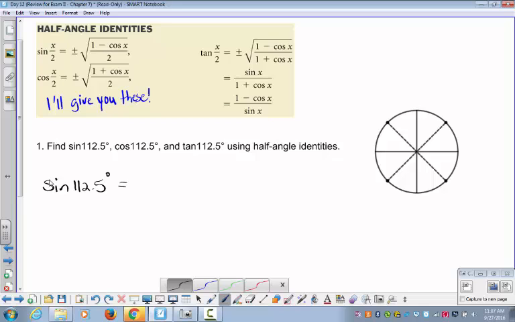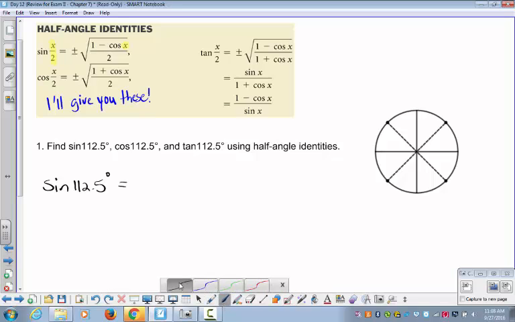So it's a little counterintuitive, but when you look up at your identities, you have to know an angle that's twice as big as this. So for the half angle identity to work on a particular angle, you need to know the trig values for double that angle. All right, so let's take a look.